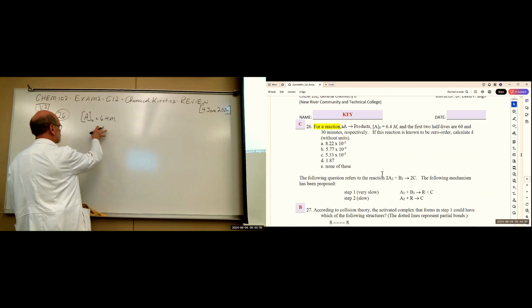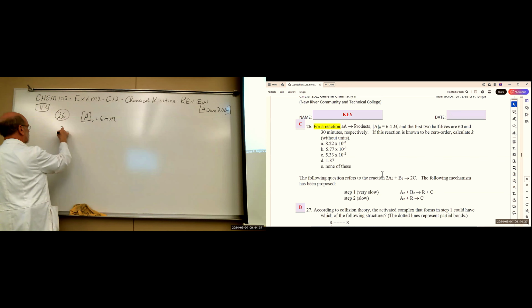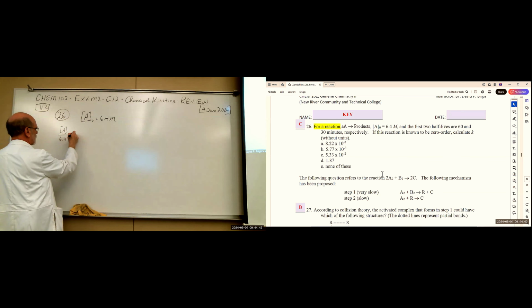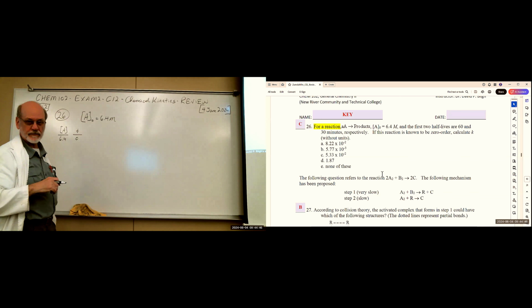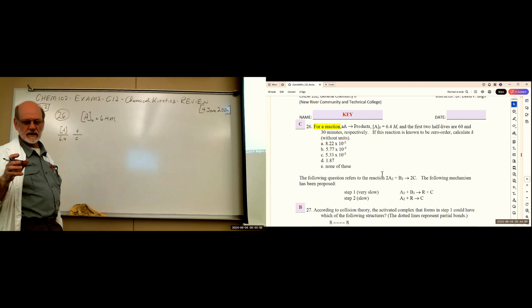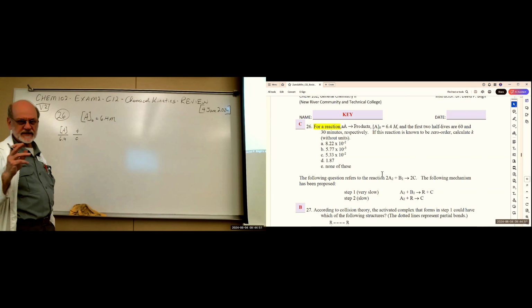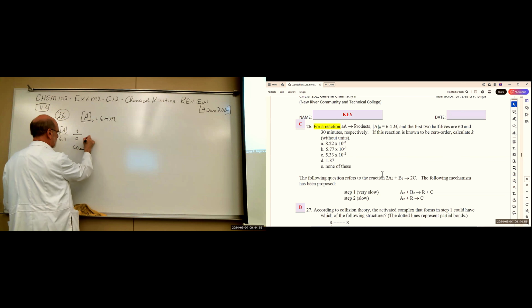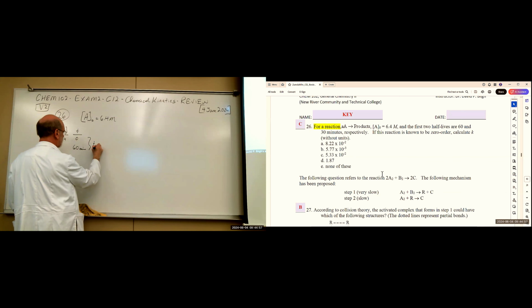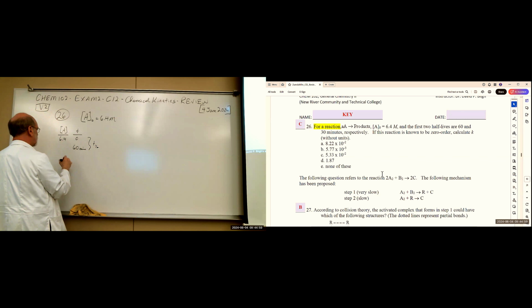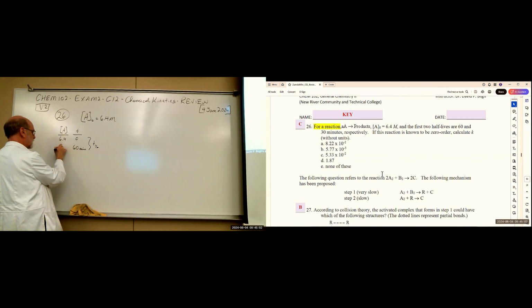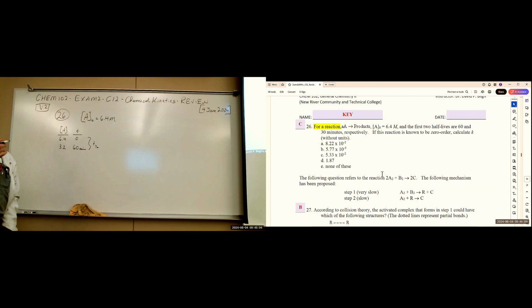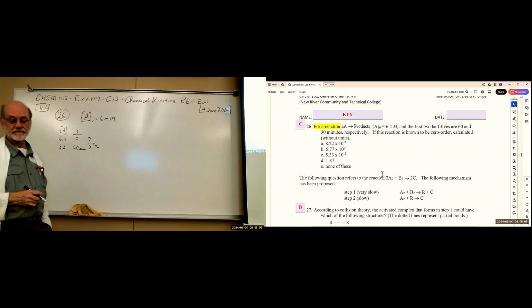So if we start off with 6.4, let's do it this way. We start at 6.4 at time 0. And after the first half-life, which is 60 minutes, we get 3.2 molar. Not get half, that's what we have left.